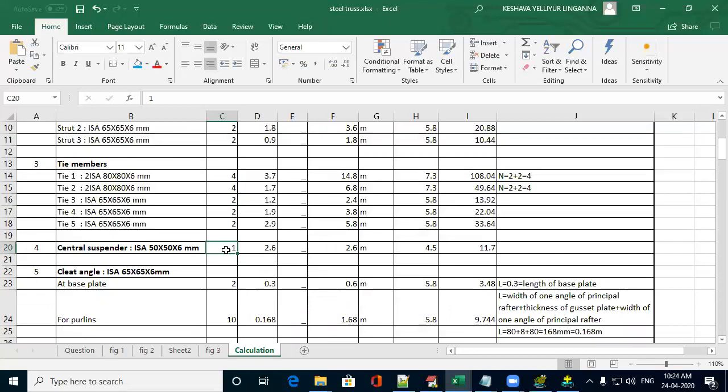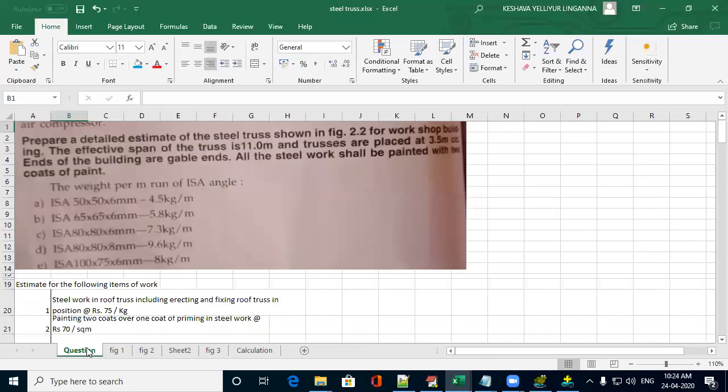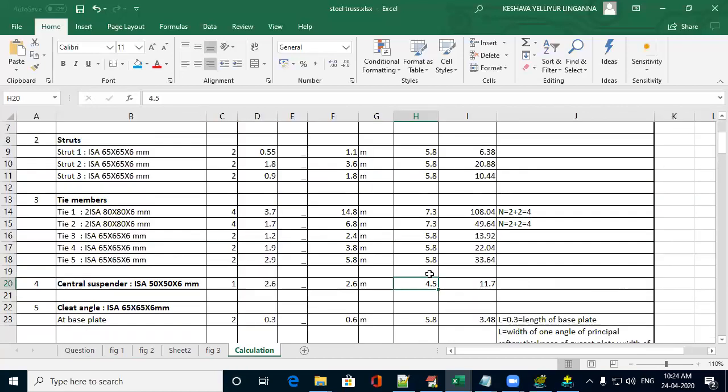It will be at the center, only one number for a single truss. So for one number, its corresponding length is taken. If you multiply, you will get 2.6 only. And the weight per kg is also taken. This 4.5, you can observe, is for 50 by 50 by 6. In the question they have given 4.5 kgs. So I have taken 4.5, multiply these two to get the weight of steel.